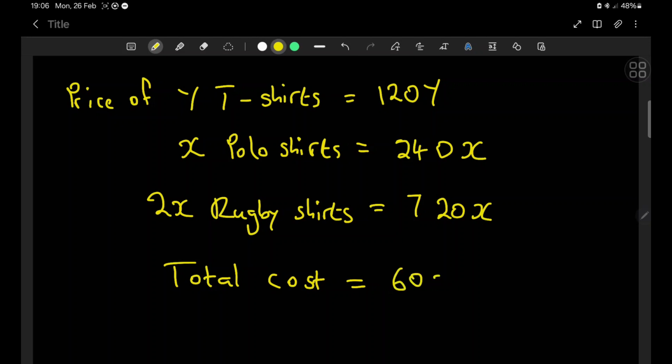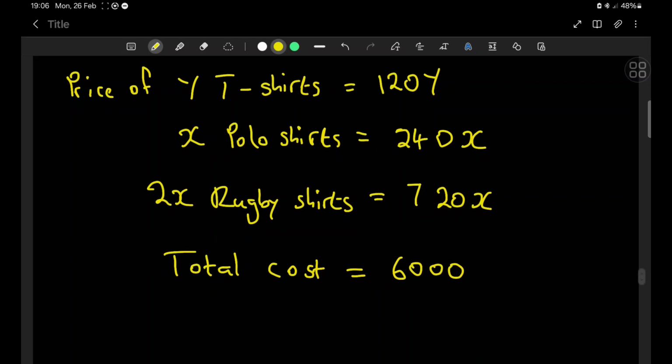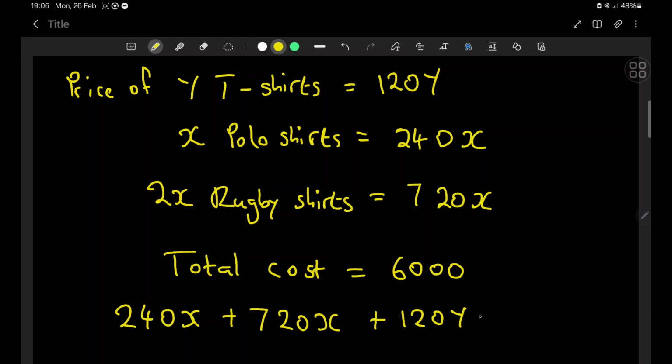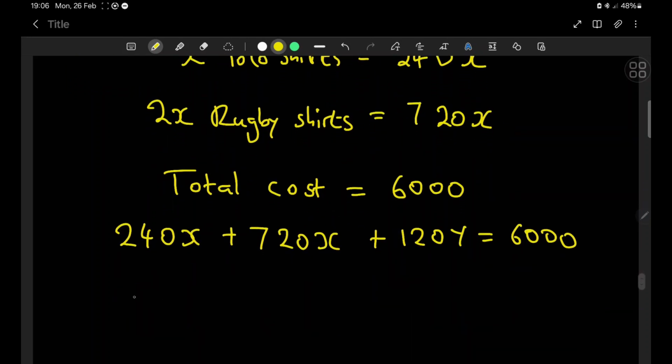And then the total cost for the shirts is 6,000. So out of these variables we've presented for the price of shirts, we can form the second equation. That is, we'll have 240x plus 720x plus 120y is equal to 6,000. Then we can simplify. That is 240 plus 720, we get 960.